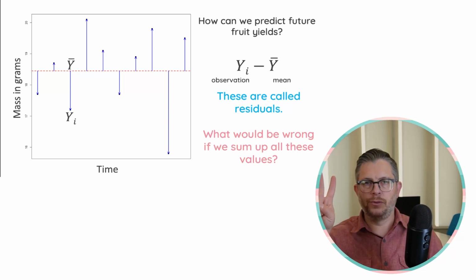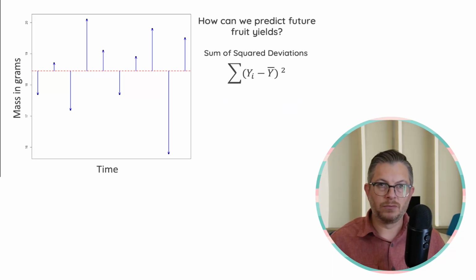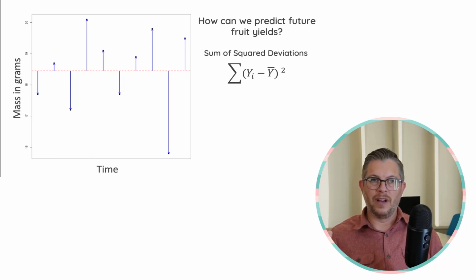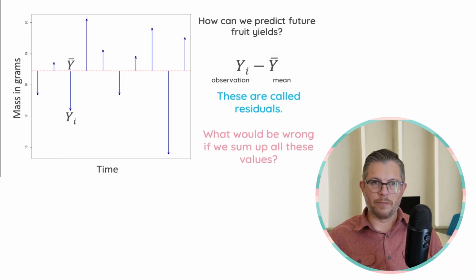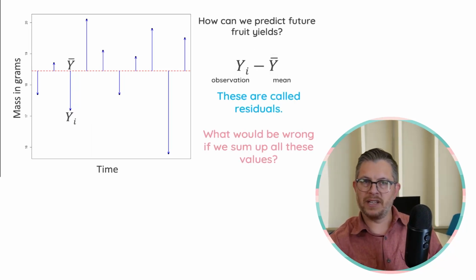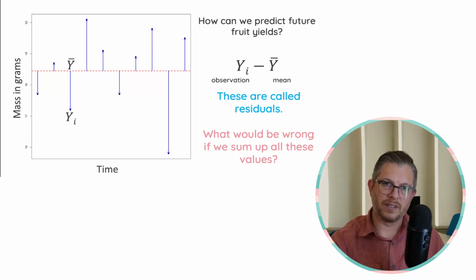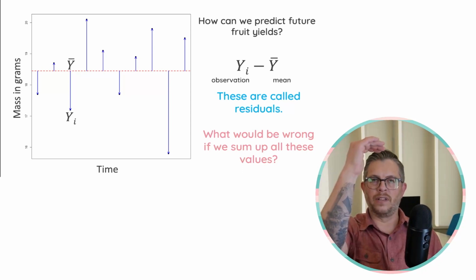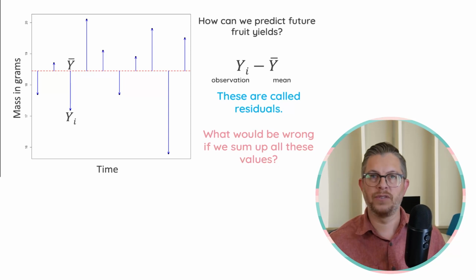Well, what's problematic is that the y sub i's that are below average are going to end up giving us a low number minus a larger number, a negative residual, and the ones that are above the mean are going to give us a positive residual.